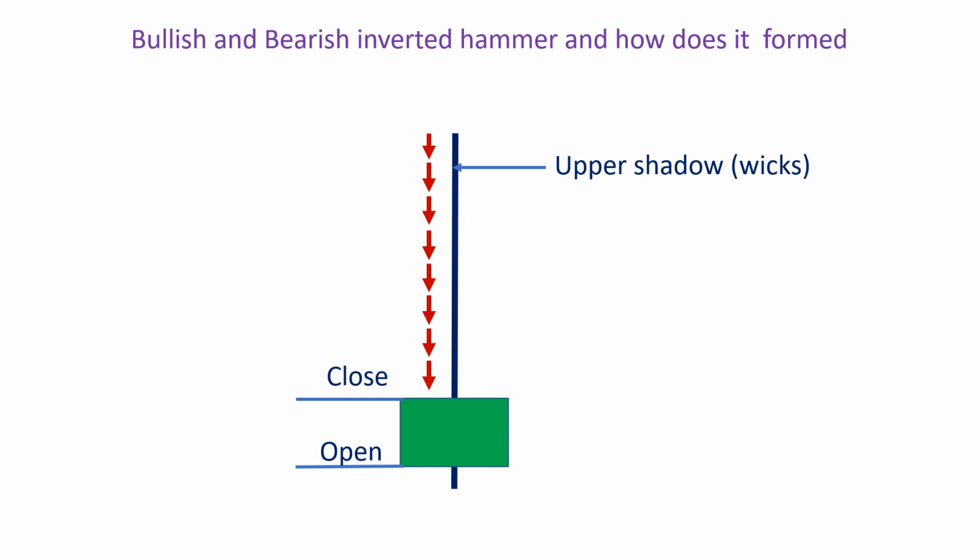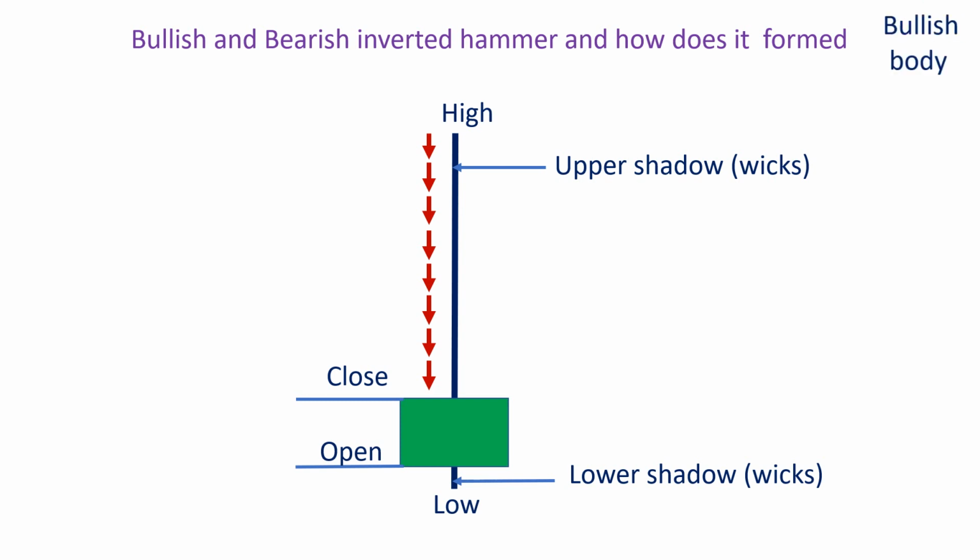Now it left a huge upper shadow, that is a huge price rejection from the sellers, and a small lower shadow, small price rejection from the buyers. This is the highest price of the day, and this is the lowest price of the day, and that is a bullish body.